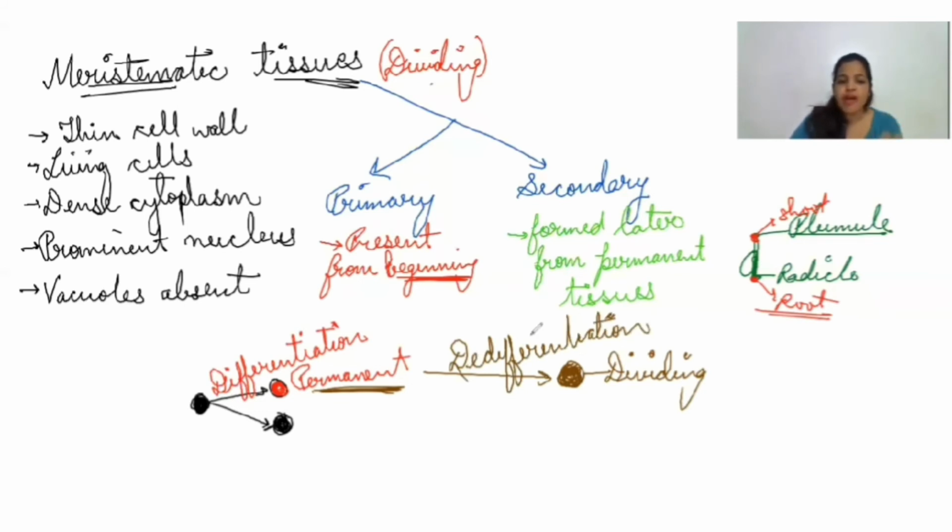So you need to remember that differentiation means to lose division capacity to get the permanent cells. Dedifferentiation means to get division capacity. Now I'll give you one more term just to make you aware of another related term, that is redifferentiation.